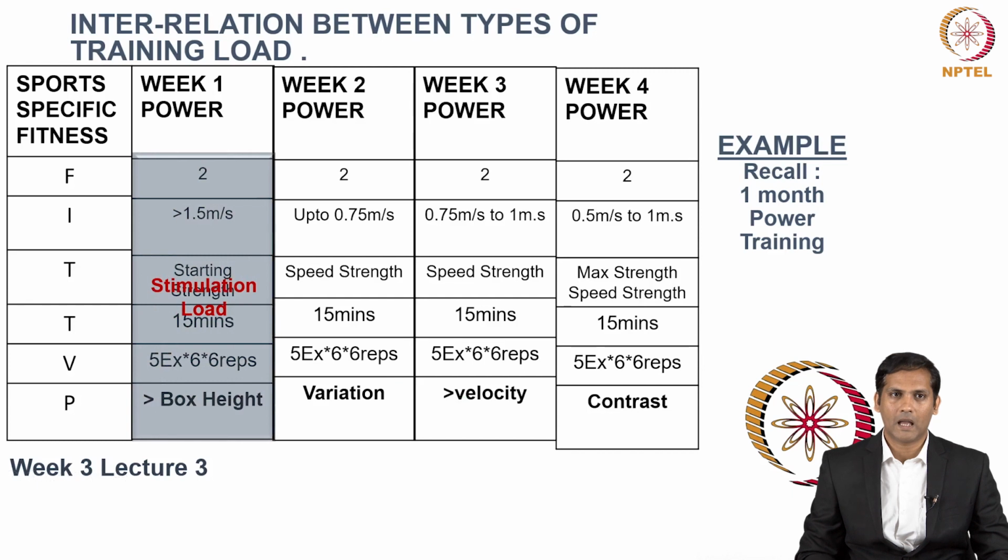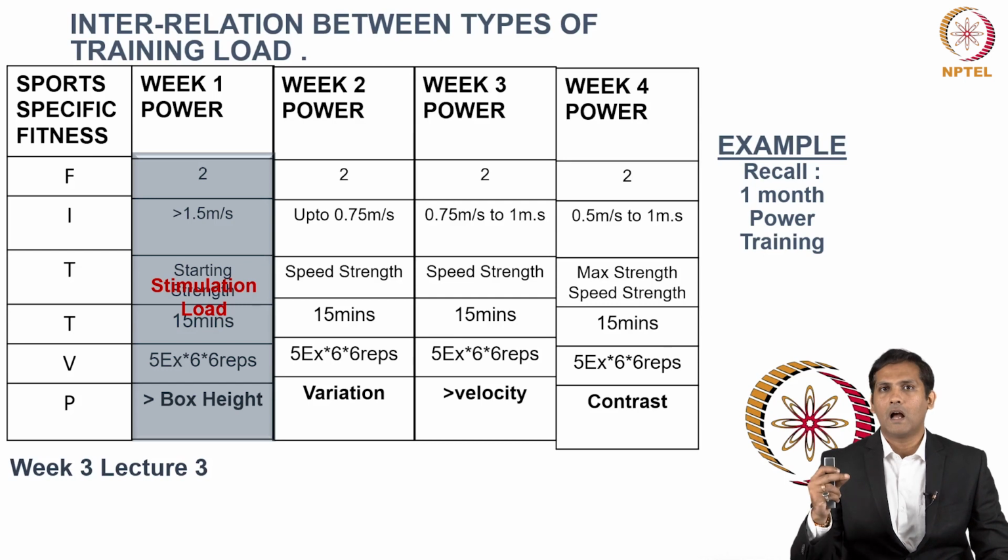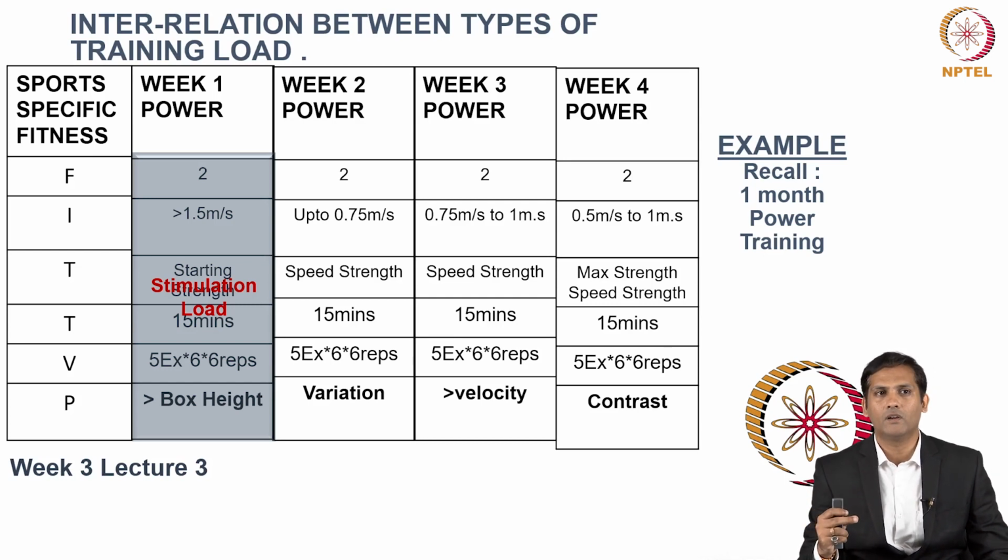In week 1, I am giving a stimulation load, so the body is going to follow a response of having a resistance phase where recovery would take place, and then come up to a new baseline through a supercompensation phase. So in week 1, I can expect a little higher baseline with respect to my power fitness.